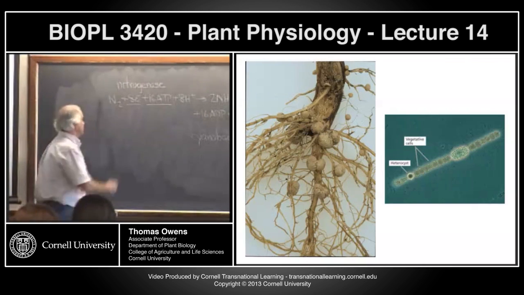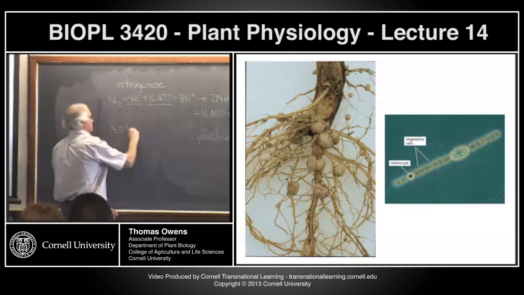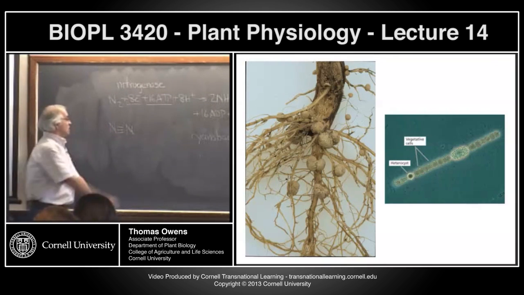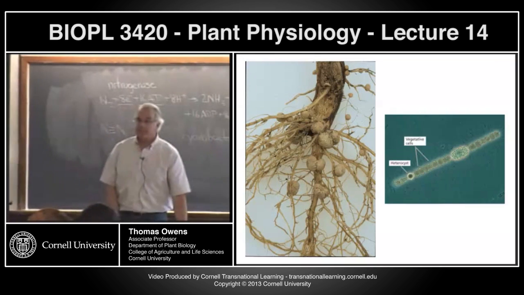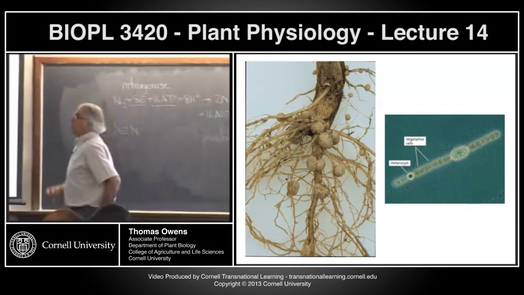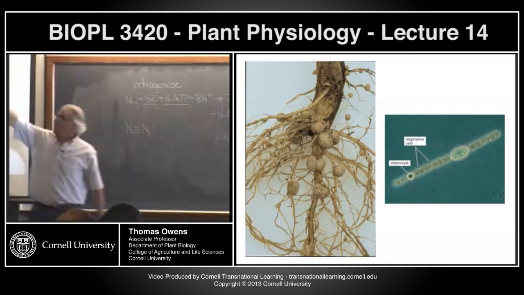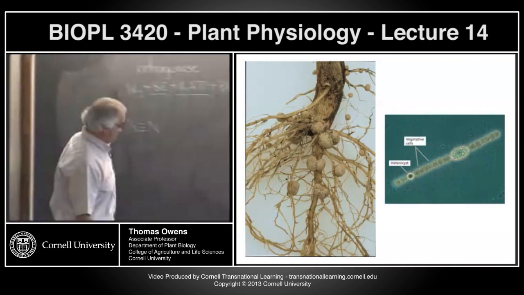Why is it expensive? Because remember, nitrogen gas has a triple bond in it, and breaking that triple bond is hard to do. So this enzyme catalyzes this reaction. Let's not think about the blue-green algae, but let's think about the bacteria that are doing this in plant roots.